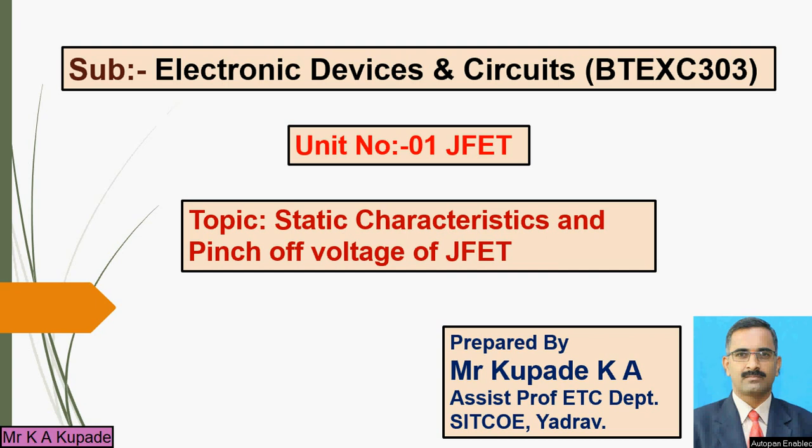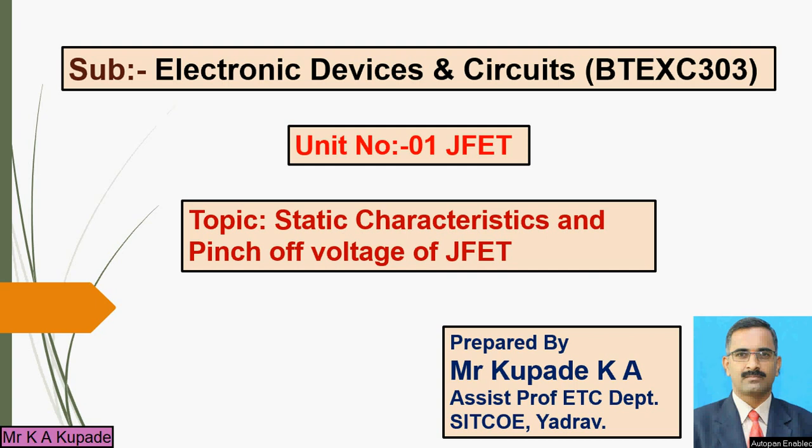When you apply the voltage between source and drain, and VGS, the gate voltage, is zero or open, the majority carriers flow from the source towards the drain. That means the entire current flows through the channel from the drain to source direction. It is called the conventional current.